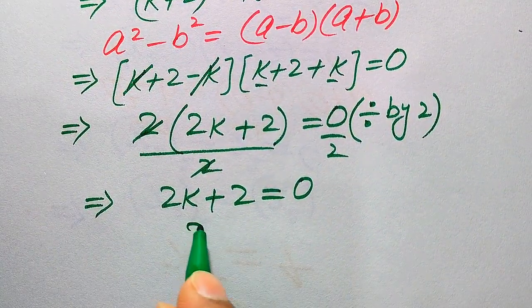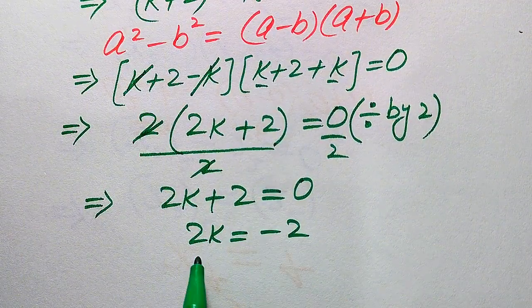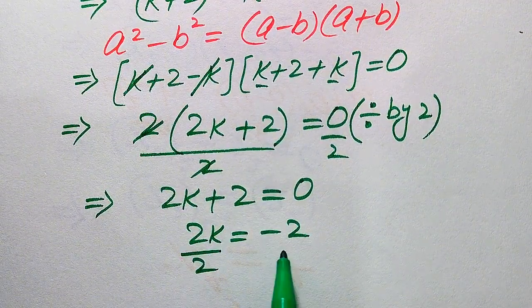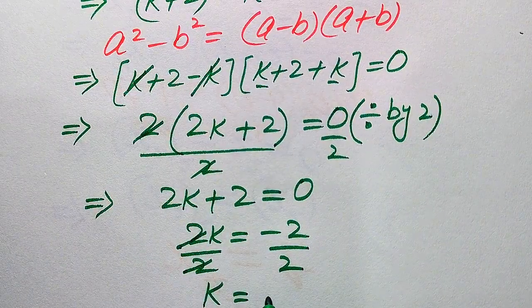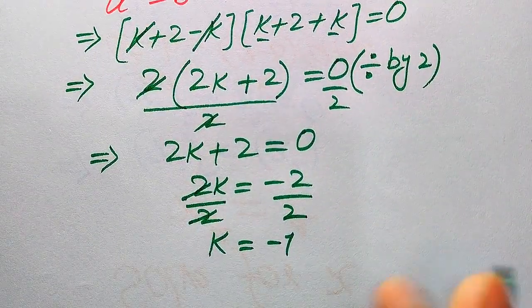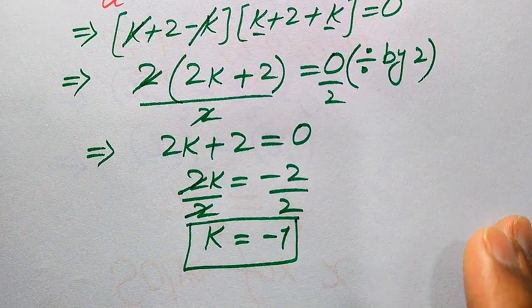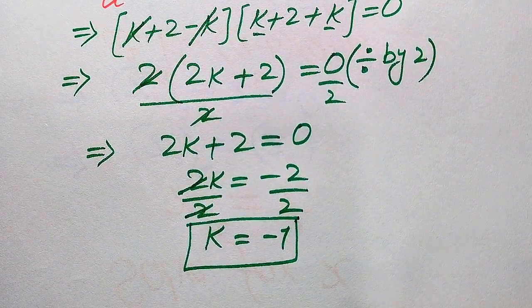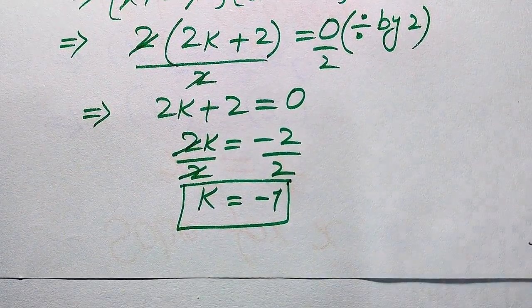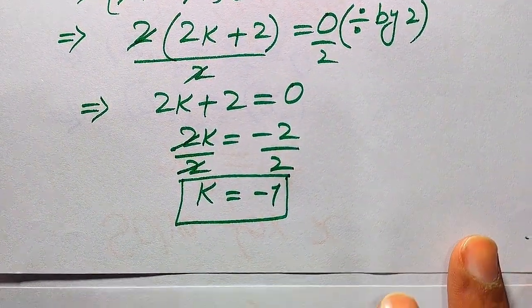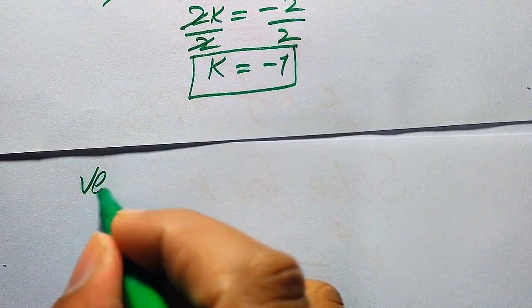Here we move this +2 to the right hand side, and it becomes 2k = -2, and again we divide both of the sides by 2, so this 2 and 2 are gone, and we easily obtain the value k = -1. So in the first method we easily get the value of k, and that is equal to -1.